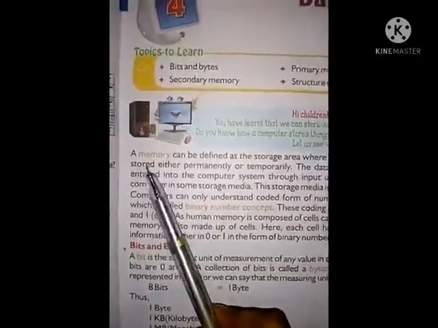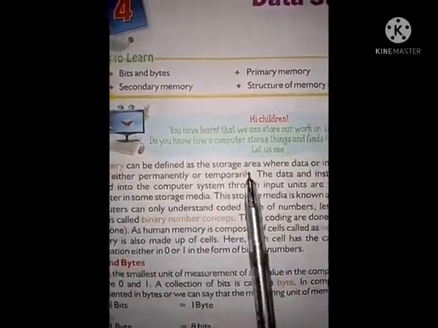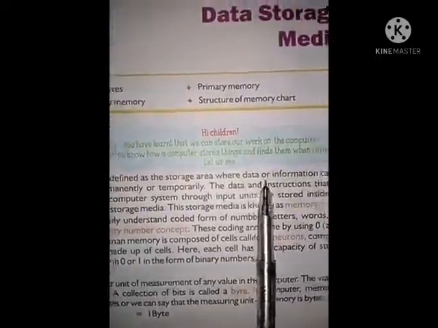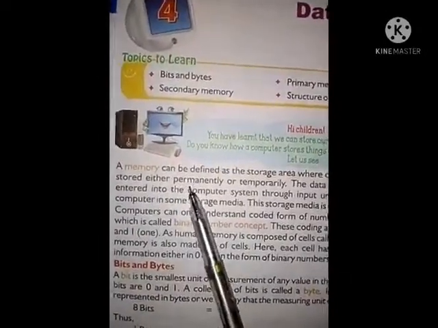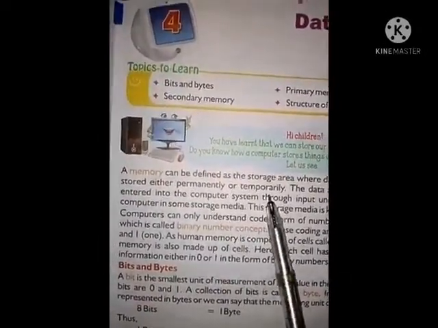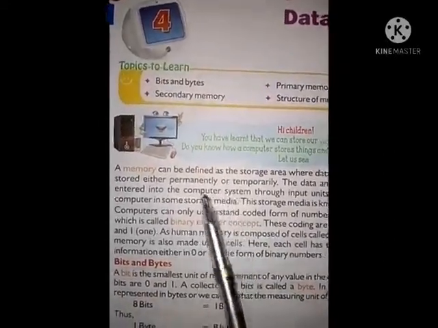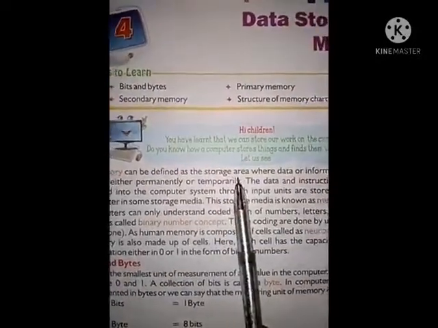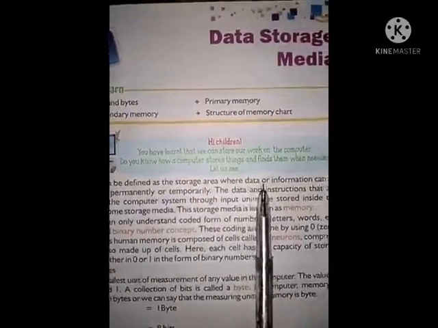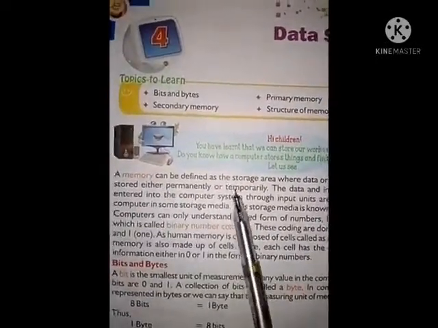Okay, see, a memory can be defined as the storage area where data and information can be stored either permanently or temporarily. So underline this sentence. What is memory? A memory can be defined as the storage area where data and information can be stored either permanently or temporarily.